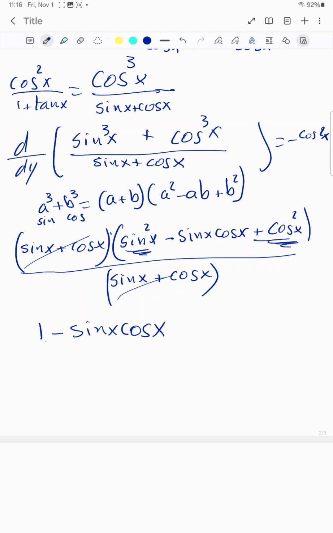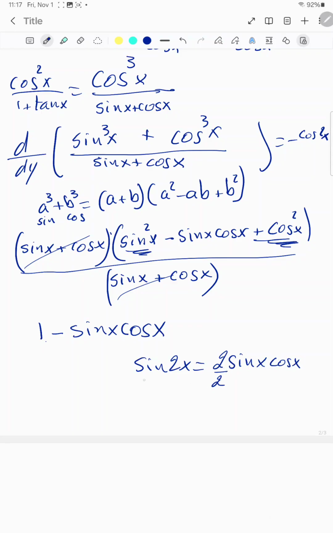But again, there is a trigonometric identity that says sine of 2x is equal to 2 sine x cosine x.